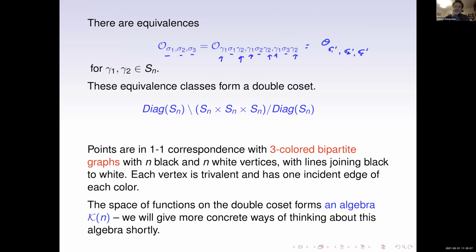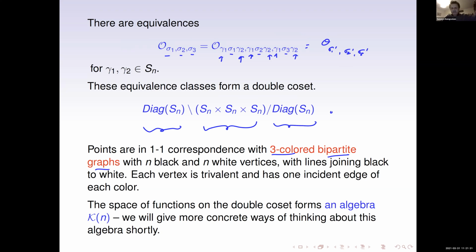So the space of invariants is isomorphic to this. There's exactly one invariant for every element of this double coset. The elements of this double coset are equivalence classes under this action. And so the number of invariants is equal to the number of points in this double coset, and they correspond to these 3 colored bipartite graphs.